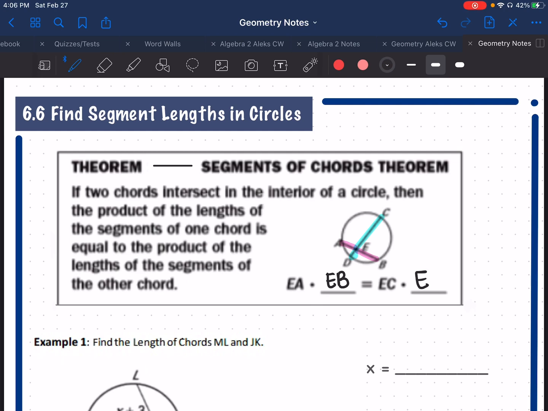So take a look at my two chords, my pink and my blue. I'm going to break them into two pieces, not necessarily half. And I just multiply the pieces of the pink, and they are equal to the two pieces of the blue one multiplied by each other.